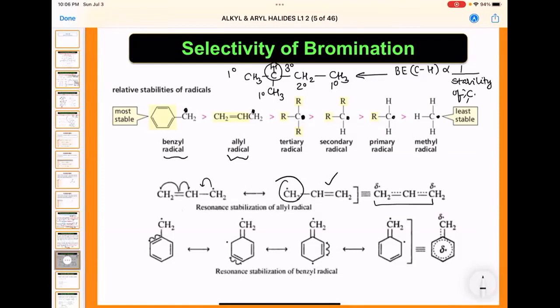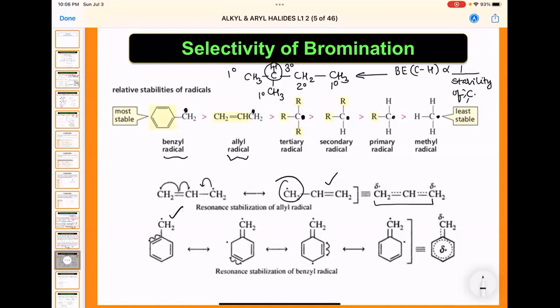The same is the case with benzylic hydrogen also. Benzylic hydrogen is not the hydrogen of the benzene, but the hydrogen of the carbon atom which is connected just outside the benzene. This is the benzylic carbon atom, and its hydrogen can be cleaved very easily. It has very little energy.